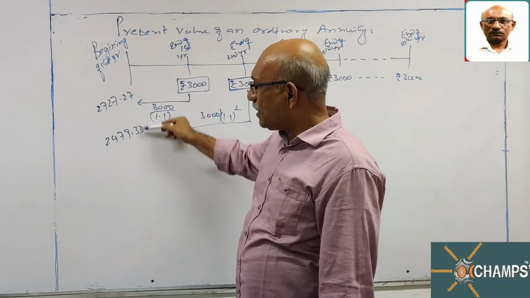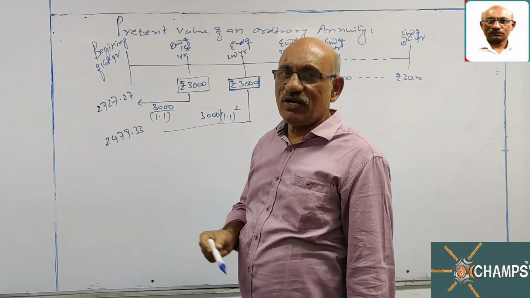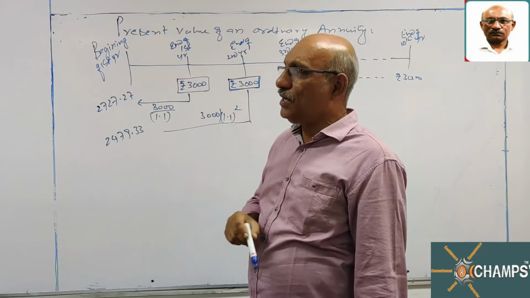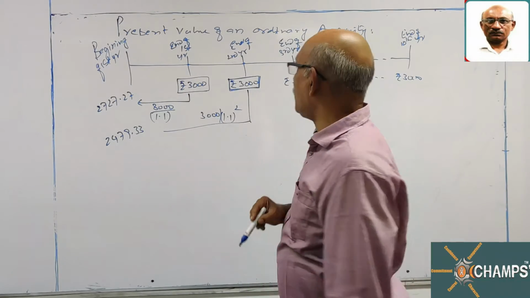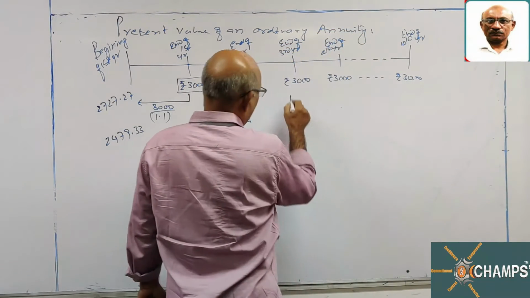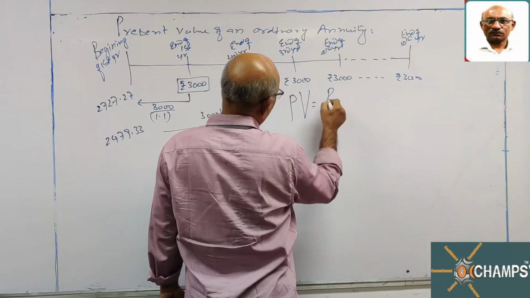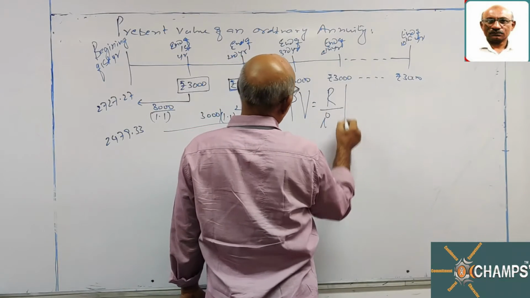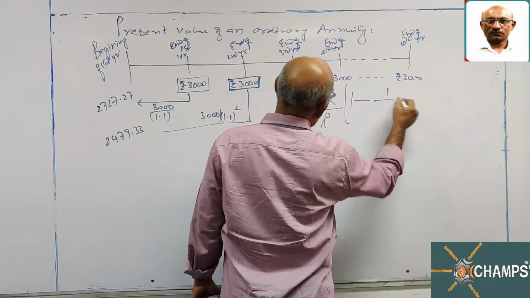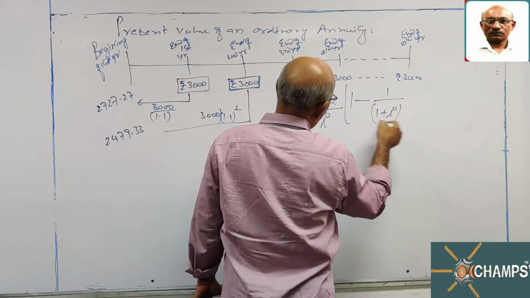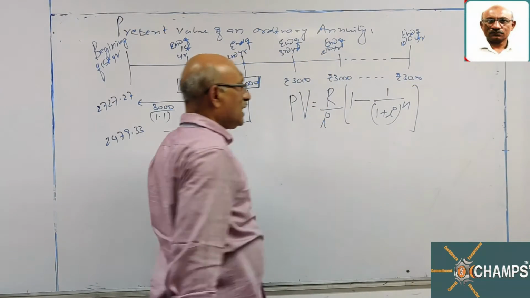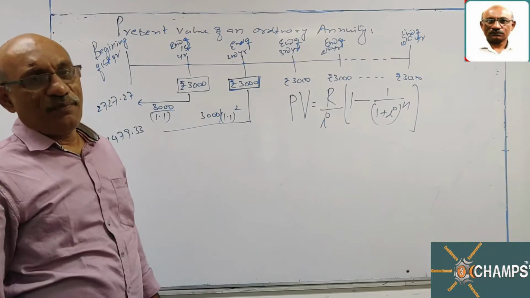So it is more time consuming to find out the present value of each and every payment. So what will I do? I use the formula. That is present value is equal to R by i into 1 minus 1 by (1 plus i) whole power n.